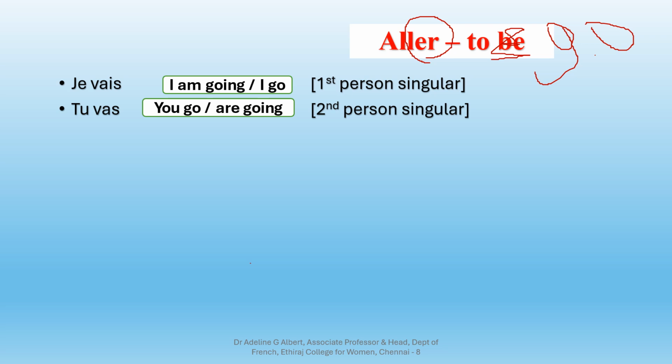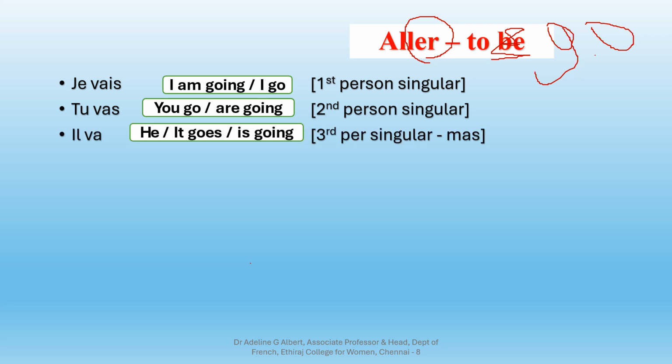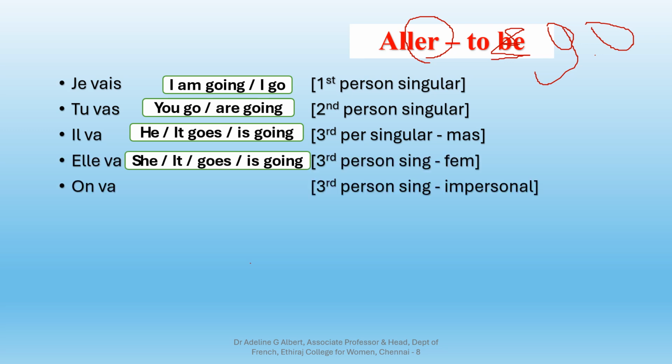Remember, you cannot have two present tenses together. Je vais, I am going, I go. Tu vas, you go. Il va, he, she goes. Elle va, she goes. On va, one is going. Alright? Je vais, tu vas, il va, elle va, on va.